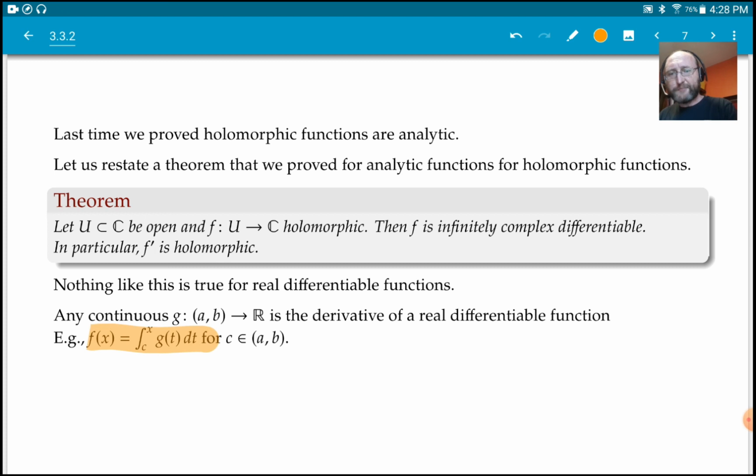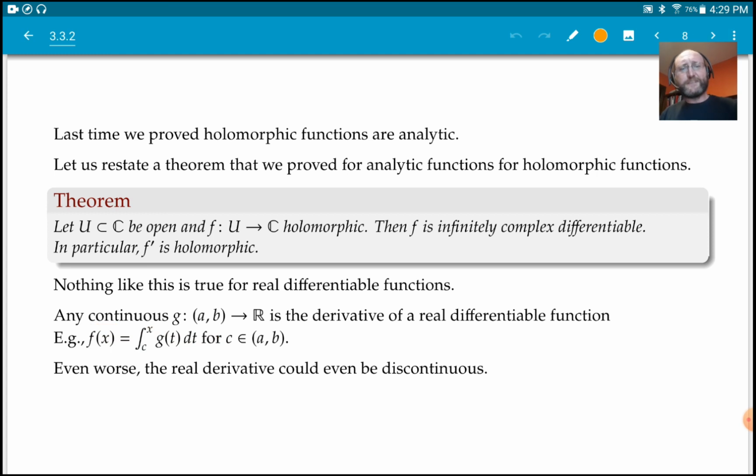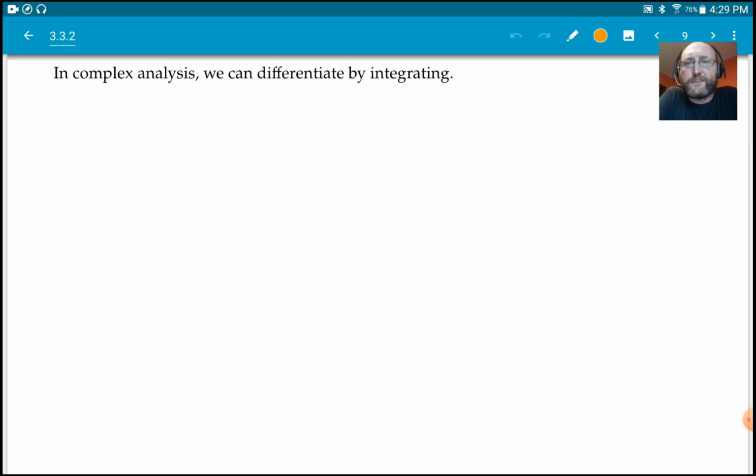I apply the fundamental theorem of calculus. So just having a derivative doesn't really say much about a derivative, and the derivative doesn't even need to be a continuous function. There are functions whose derivatives are not continuous, right? Not every function is a derivative, but quite a few functions are real derivatives. But for holomorphic functions, no. If a function is holomorphic, its derivative is holomorphic, right?